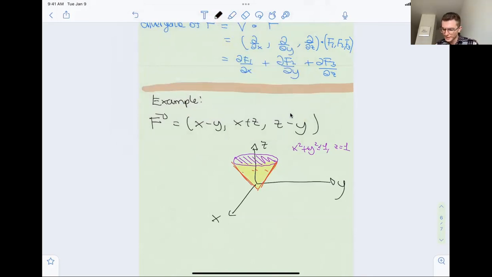So the surface in this case is the disk at height 1, plus the cone. The cone, that's the part of the cone that's below the disk.